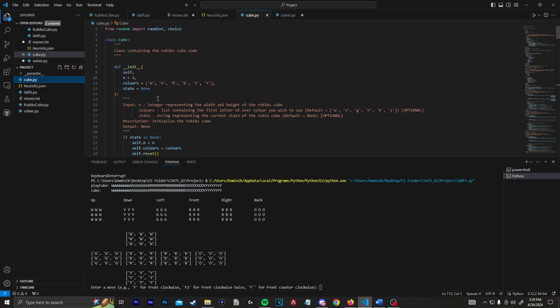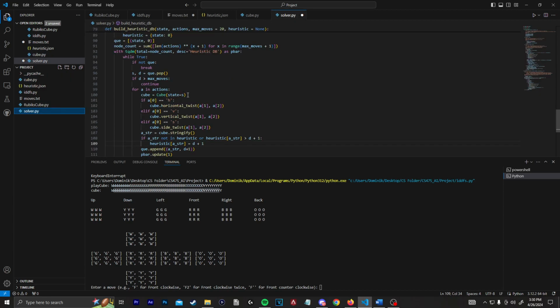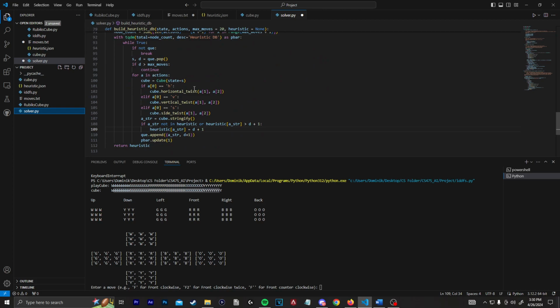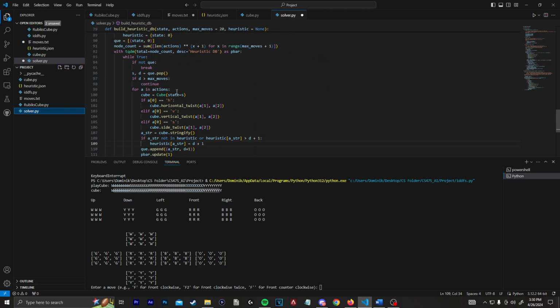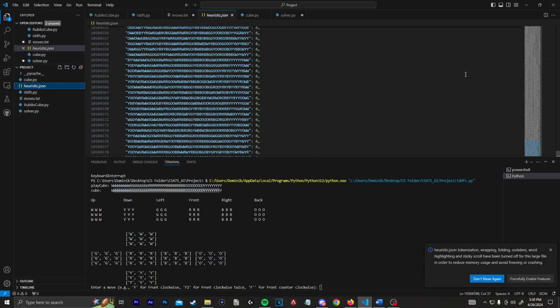It's the same kind of representation of my cube, but we can just give the state of it, and then it takes the string here and builds the matrices from it. Here we build a heuristic database, which basically just applies the moves and records how many moves it took. So if I move right twice, that'll be 2 moves, and it puts it into this heuristic JSON file.